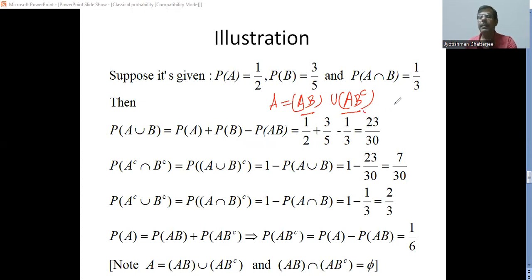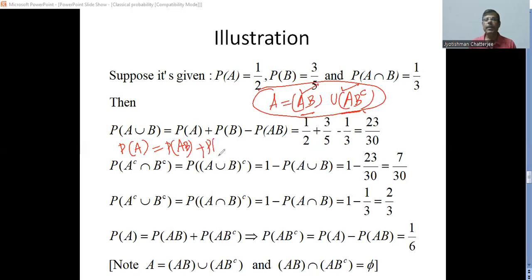So they are disjoint. After being convinced of this and observing that these two events are disjoint, we can write that P of A equal to P of AB plus P of AB complement.